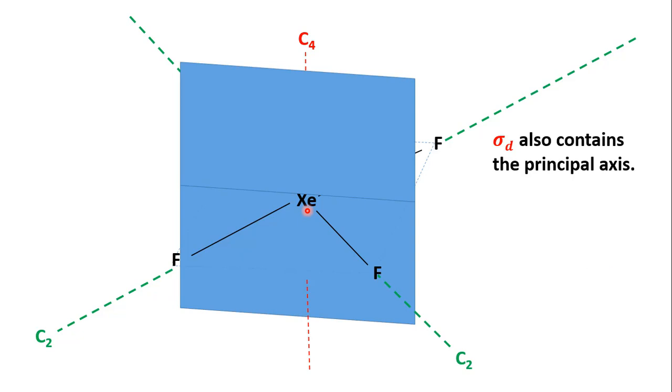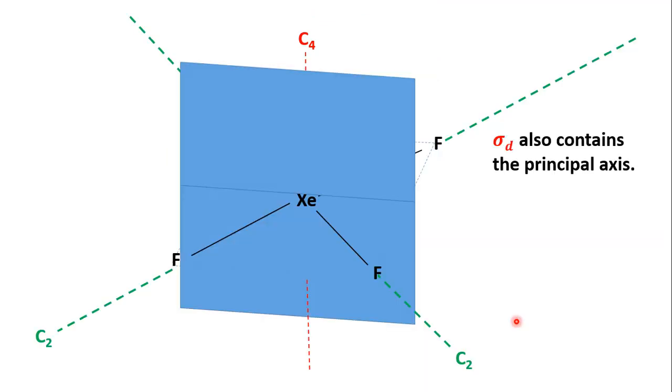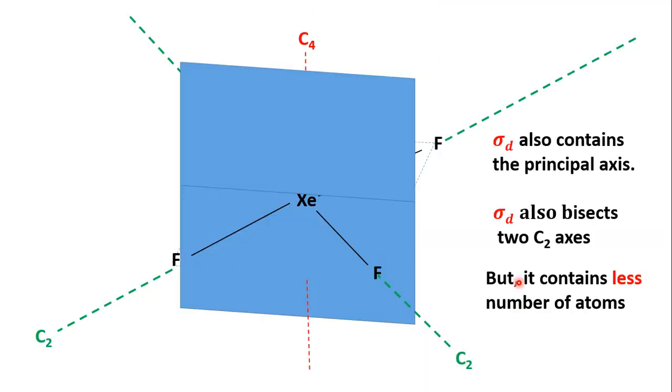So the difference between the dihedral plane and the vertical plane, in this case the vertical plane bisecting the two C2 axes, is that the sigma V plane contains more number of atoms, whereas the sigma D plane contains less number of atoms. There it was passing through F, Xe and F, whereas here it is passing through only xenon.